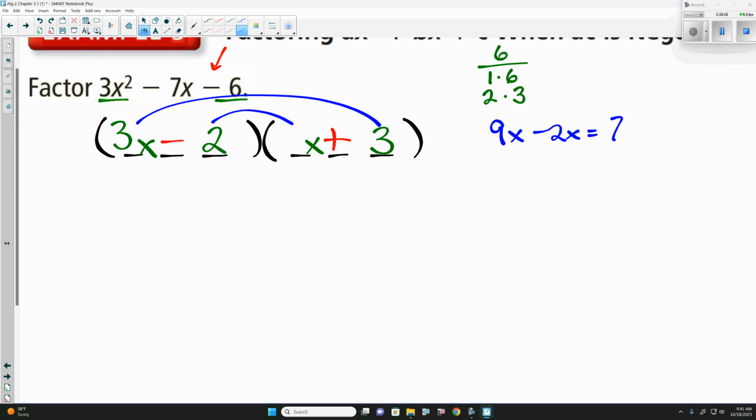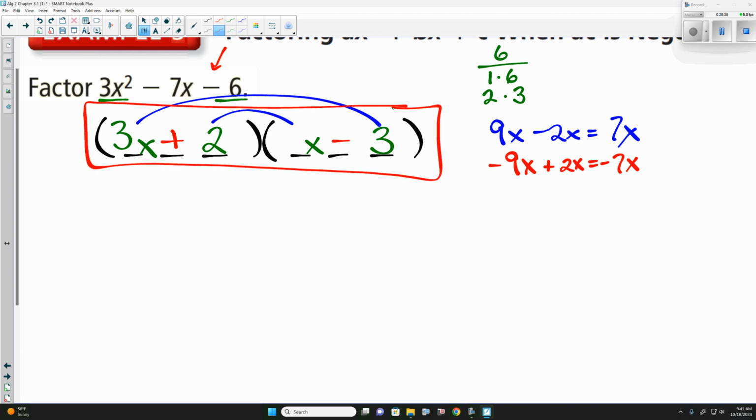Is that the middle term we wanted? Yes. The nice thing about changing the signs is whichever one was negative, it's easy to make it positive because we just add a line. And if we check this here, we'd have negative 9x plus 2x, which is negative 7x.